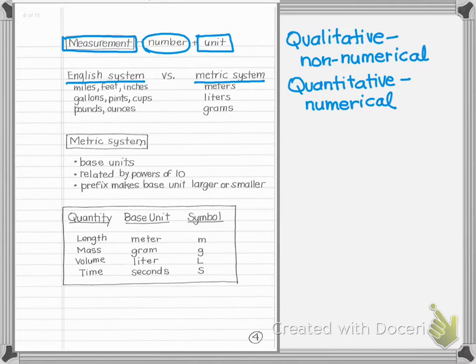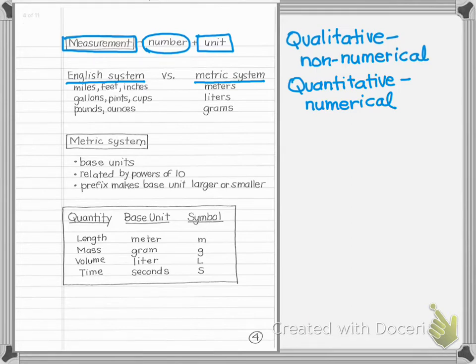In English, we have miles, feet, and inches, where in the metric system we would just have something like meters. You could have gallons, pints, and cups, where in the metric system we have liters. You can have pounds and ounces, where in the metric system you would have grams. So we have all of these different units, English and metric.